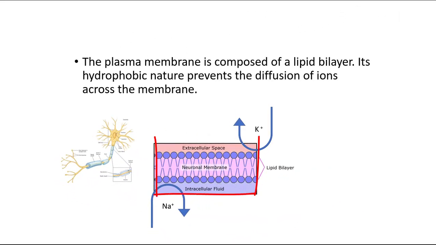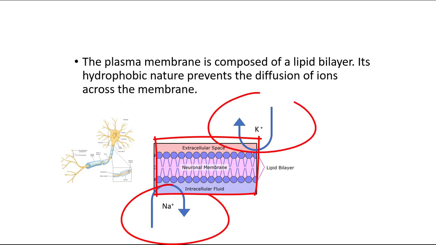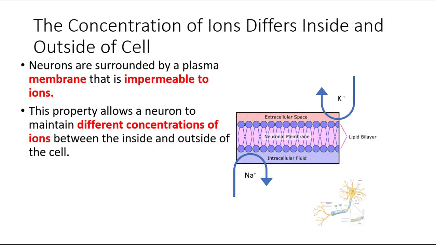The plasma membrane is composed of a lipid bilayer. Its hydrophobic nature prevents the diffusion of ions across the membrane. Neurons are surrounded by a plasma membrane that is impermeable to ions. This property allows a neuron to maintain different concentrations of ions between the inside and outside of the cell.